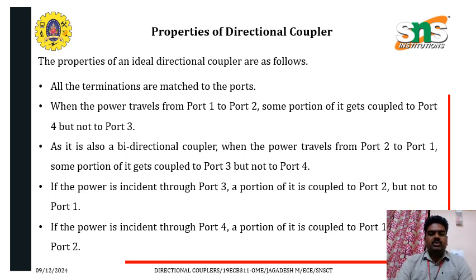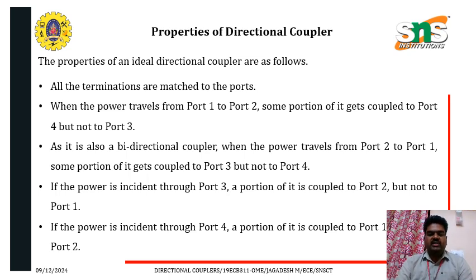All the terminations are matched to the ports, and when the power travels from port 1 to port 2, some portion of it gets coupled to port 4 but not to port 3. As it is also a bidirectional coupler, when the power travels from port 2 to port 1, some portion of it gets coupled to port 3 but not to port 4.